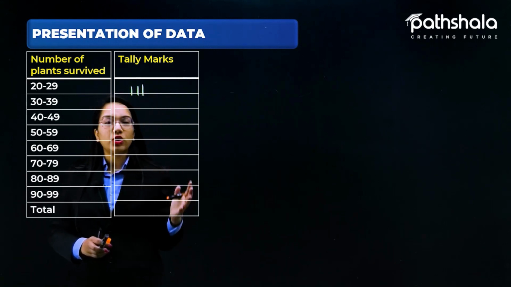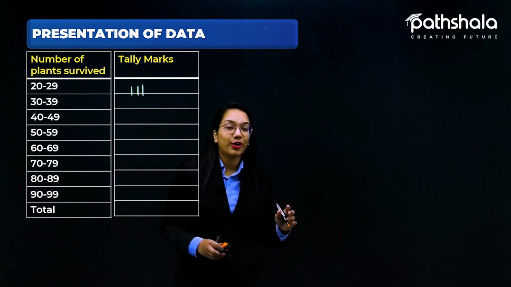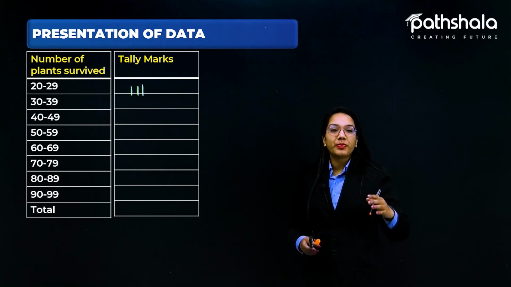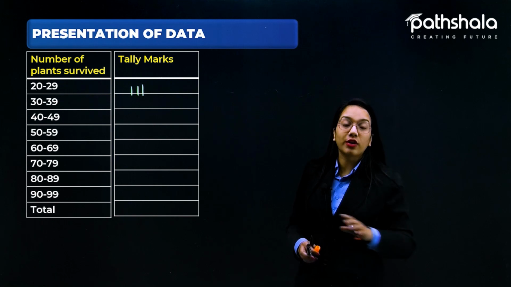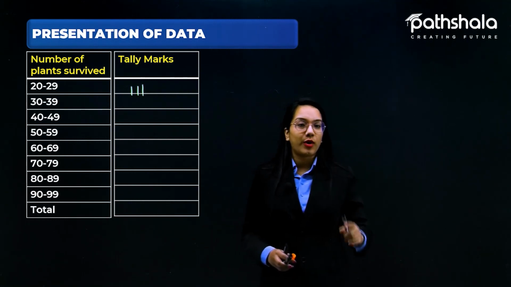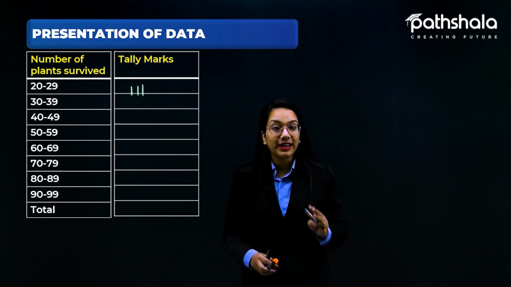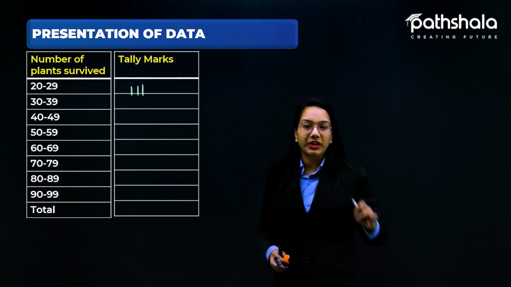This is the example of the number of plants, not the number of students. We are not talking about the previous example, we are talking about the One Mahotsav example. So we have only 3, meaning the number of plants that survived was only 3, lying in between 20 to 29.